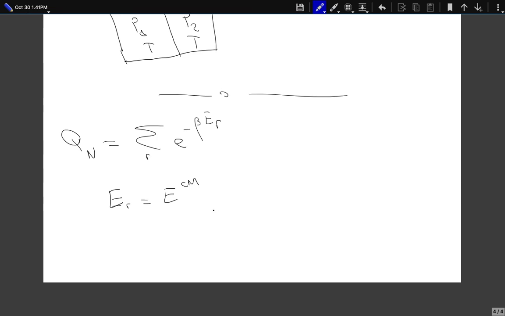There is the translational motion of the particles making the system. Let me just call this E_TR. And this translational motion will basically depend on the momenta, if you choose your momenta suitably.